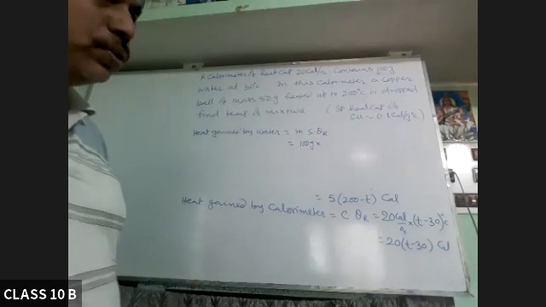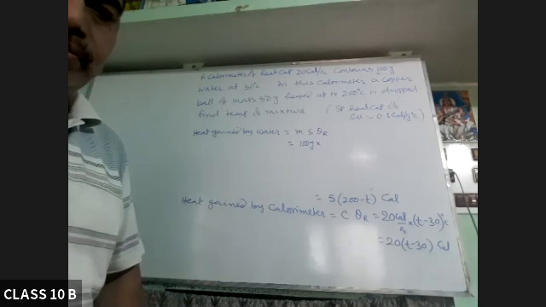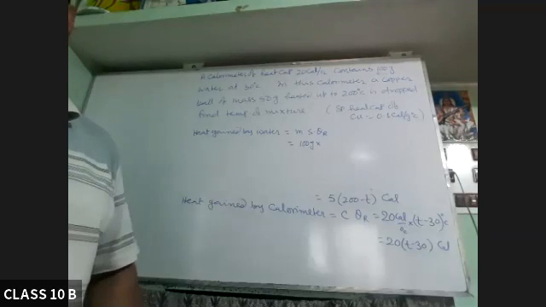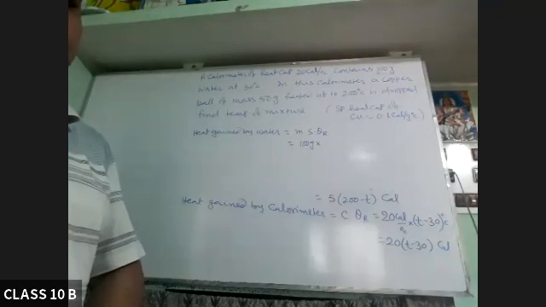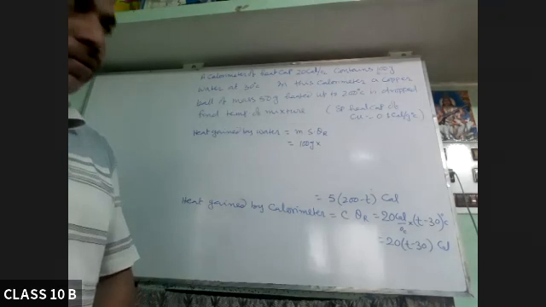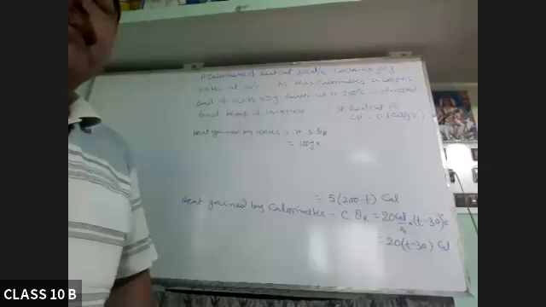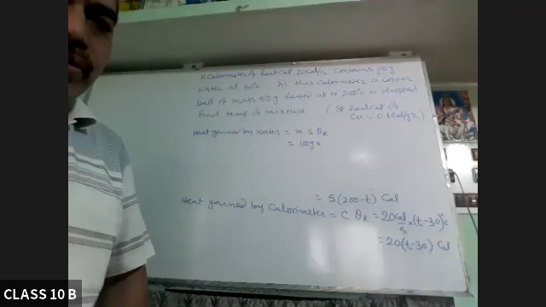So what will you use? What is the specific capacity of water? 4.2 joule per gram degree Celsius. Should we use that value?